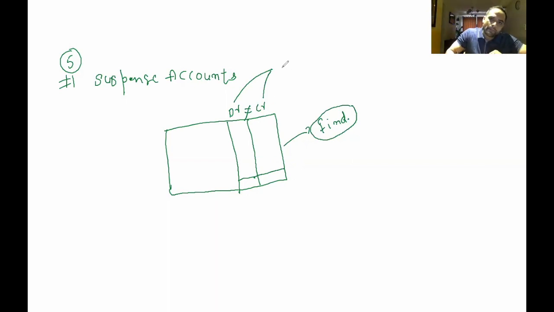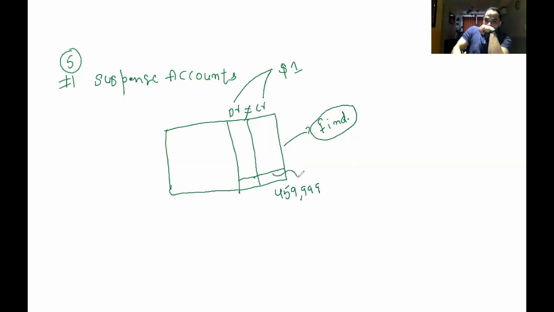So let's say the minor difference is $1, all right? $1 means, let's say, here the balance is, I don't know, 459,999, right?